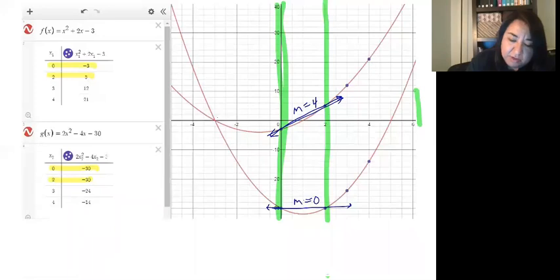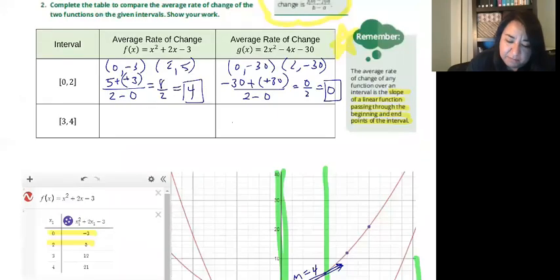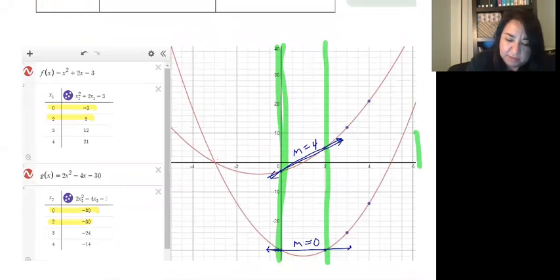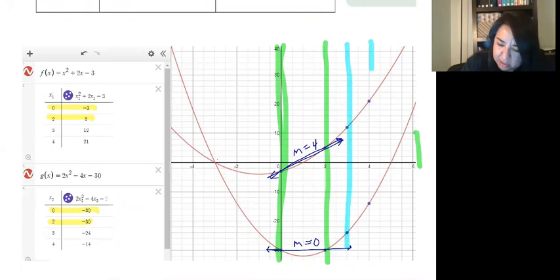Okay, now what if I wanted to zero in for the interval 3, 4? So I'm going to change the color just so we can visually see what's happening there. So here is when x is 3 and x is 4. And if I drew a line between those two, here and here, the steepness looks pretty similar.